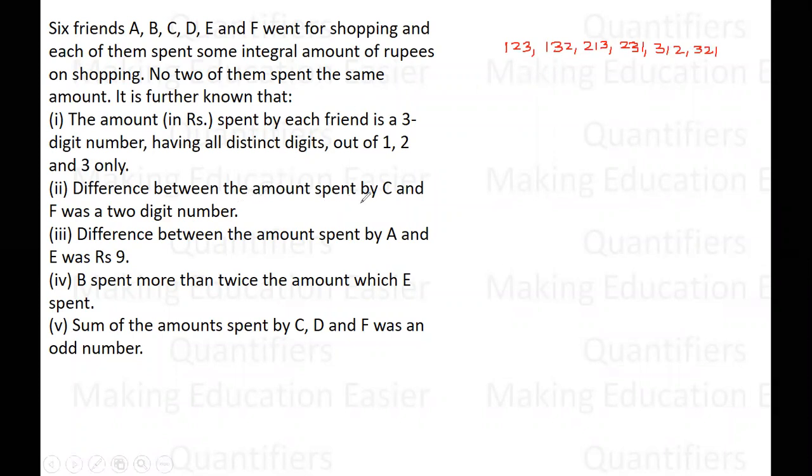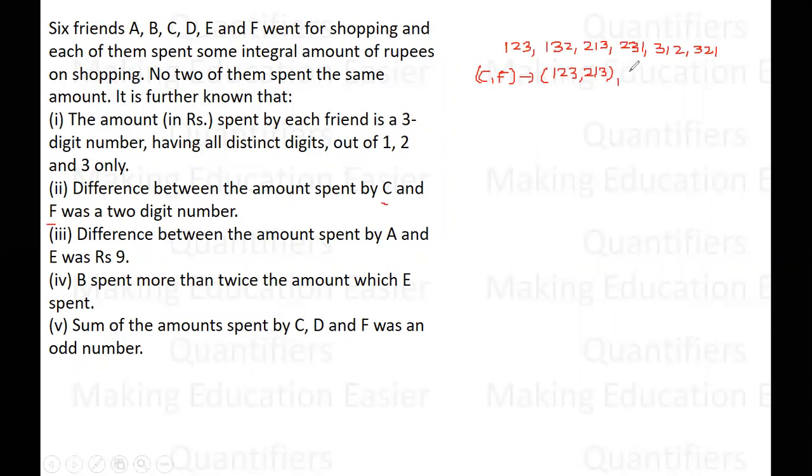Next, it says the difference between the amount spent by C and F was a 2-digit number. We do not know whether C spent more than F or the other way, but since the difference was a 2-digit number, the differences could be, if I take the first number to be 123, the second number could be 213. In that case, the difference would be 90.